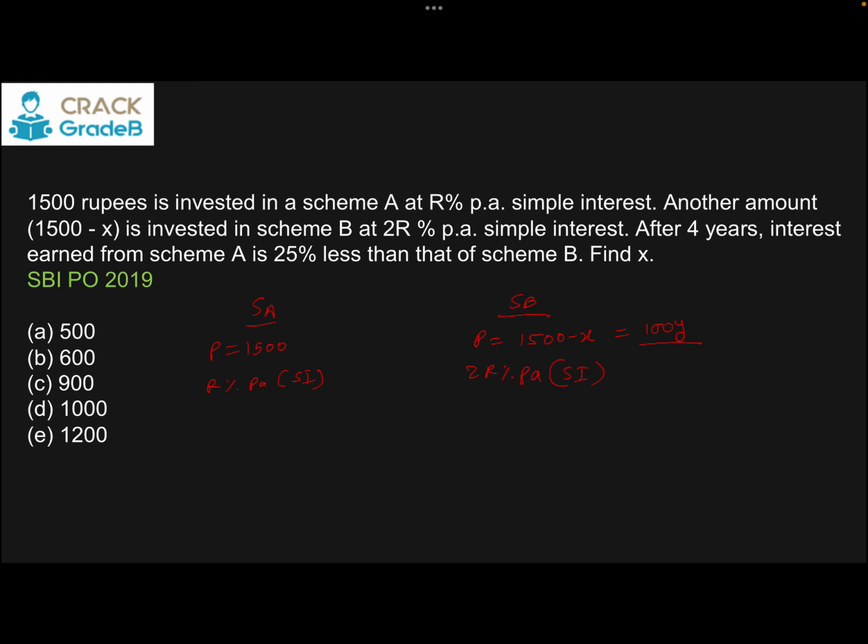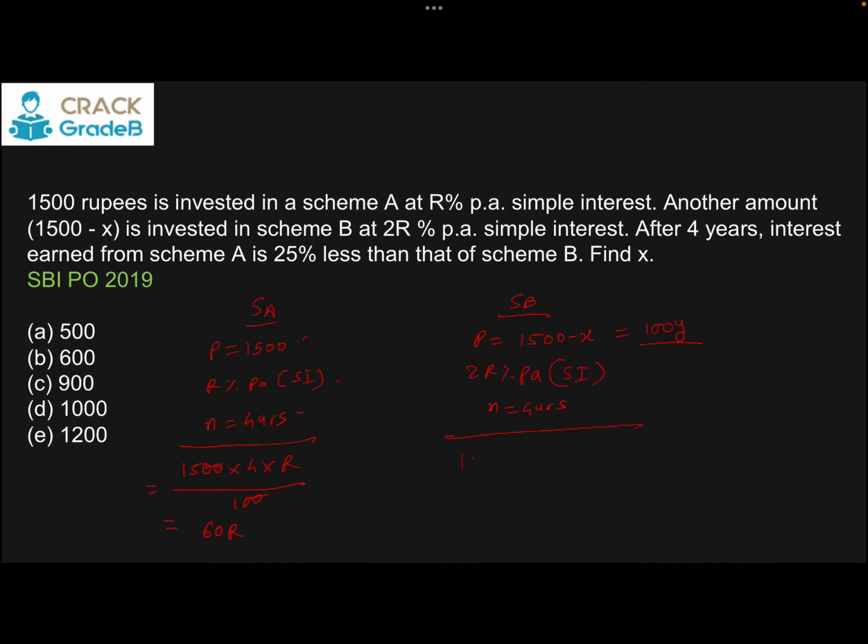After 4 years, the difference is given, or the quantities are given. So here also if we invest for 4 years and here also invest for 4 years, the interest accumulated will be 4 times of R% here, or we can just use the formula P into N into R upon 100 is the simple interest we earn, that is 60R.